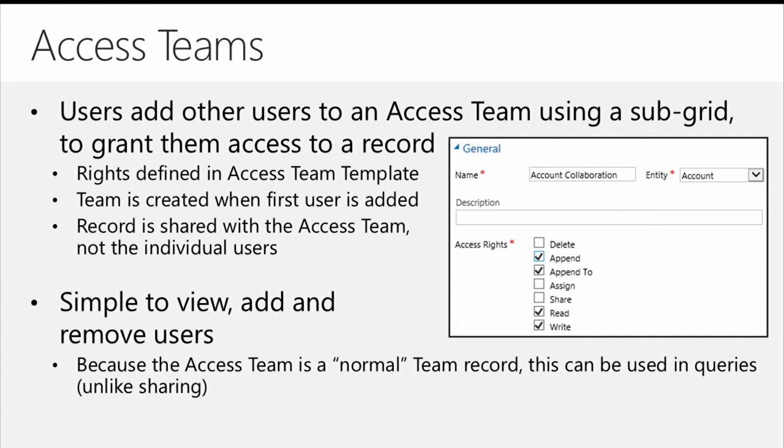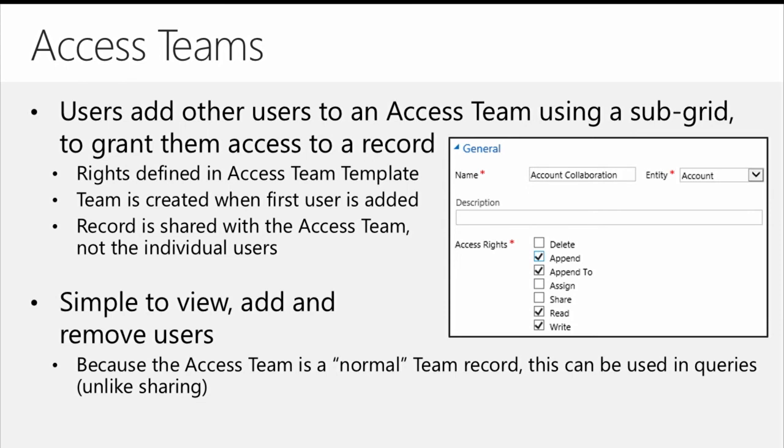Now these teams don't actually get created until the first user is added to that access team. So once I'm on that record and I add somebody to that access team, the team is going to get created and that record is going to get shared with the actual access team. So anybody who now becomes a member of that access team will have access to that record.